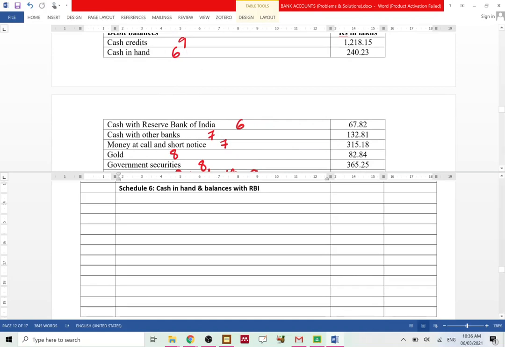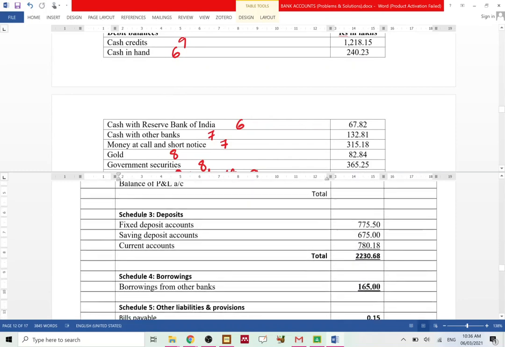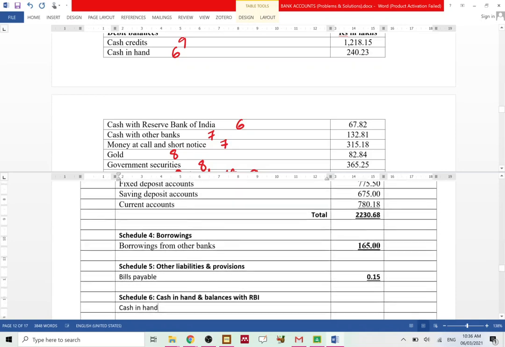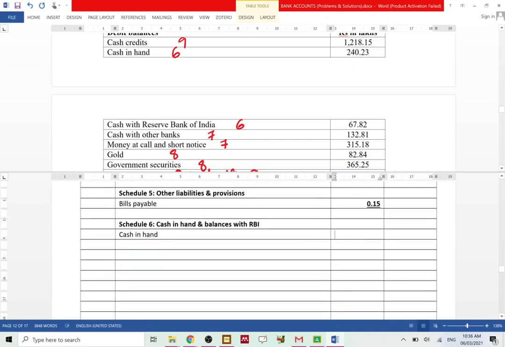We've already marked. We have cash in hand. The amount for the cash in hand is rupees 240.323.